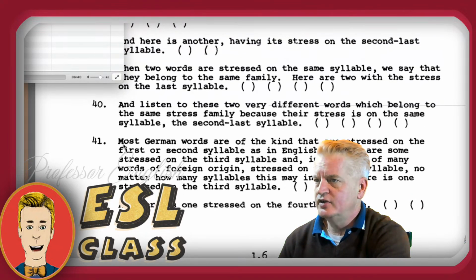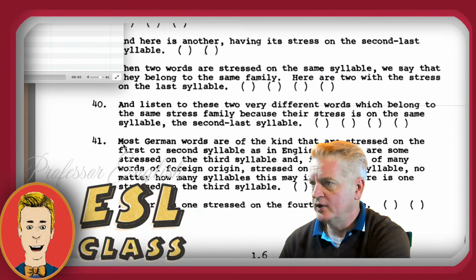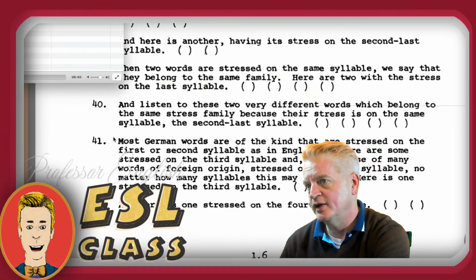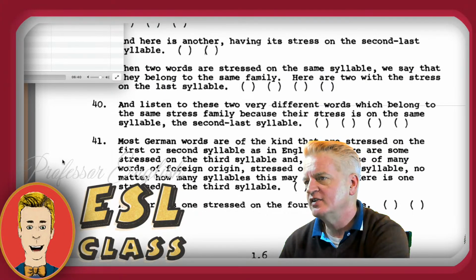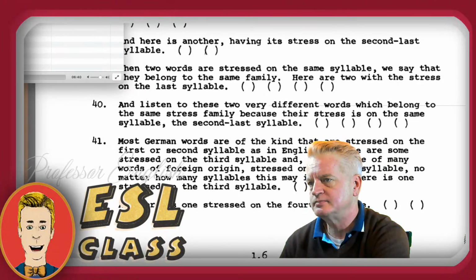And listen to these two very different words, which belong to the same stress family because their stress is on the same syllable, the second to last syllable. Behalten, daneben.